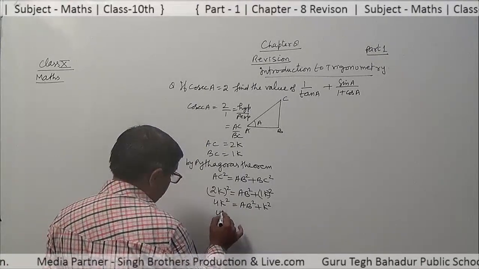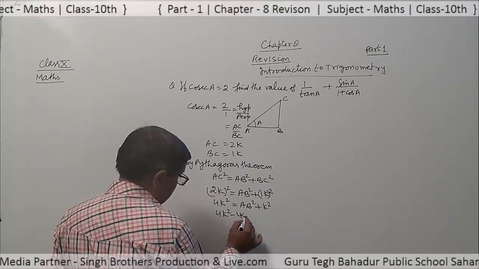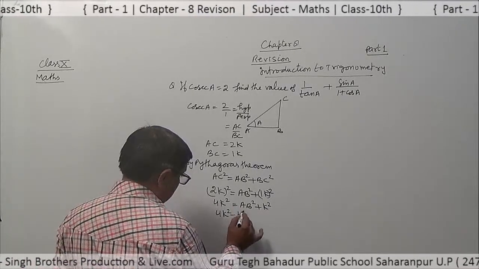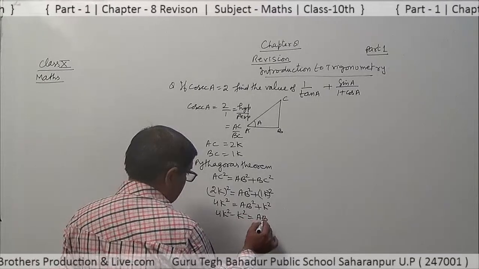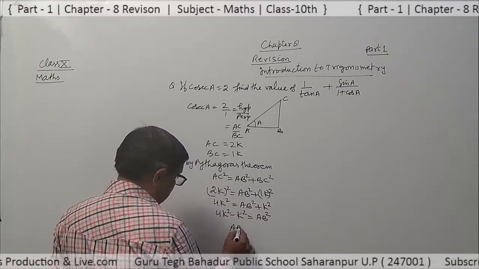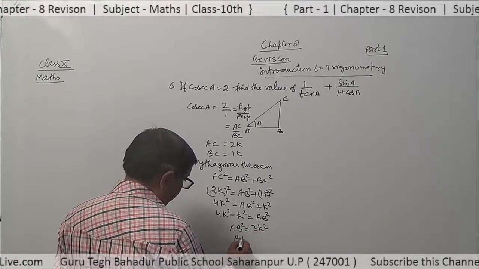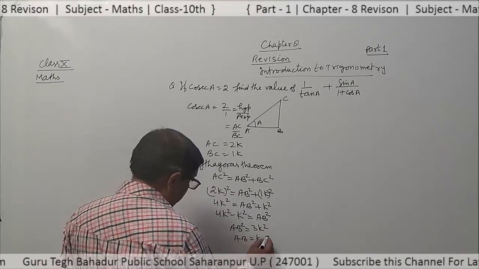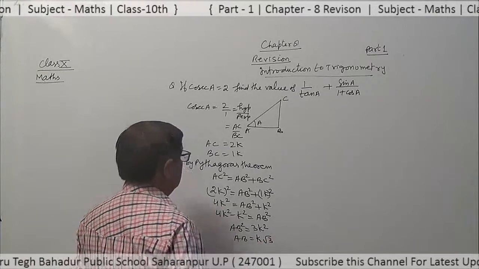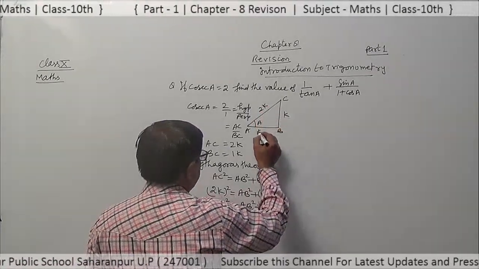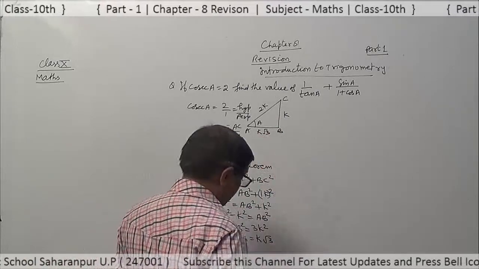K square taken on the left side, that is AB square. AB square is equal to 3K square and AB is equal to K root 3. So, it is 2K, it is K, it is K root 3.